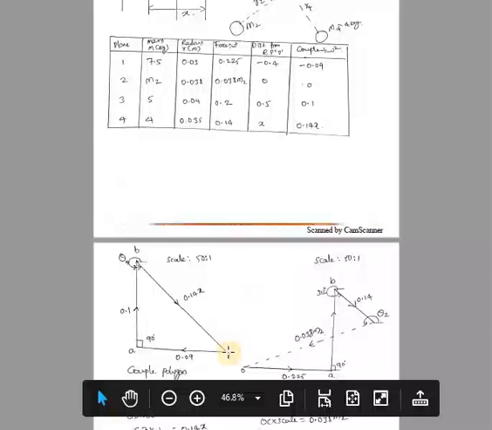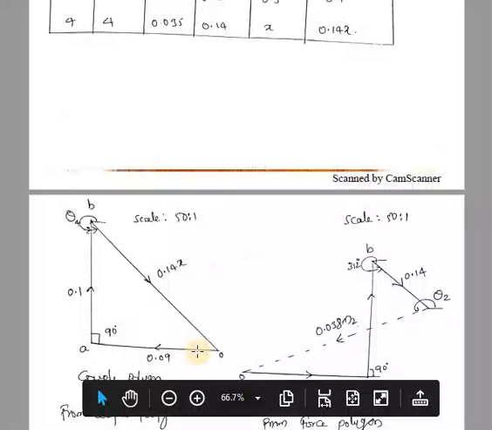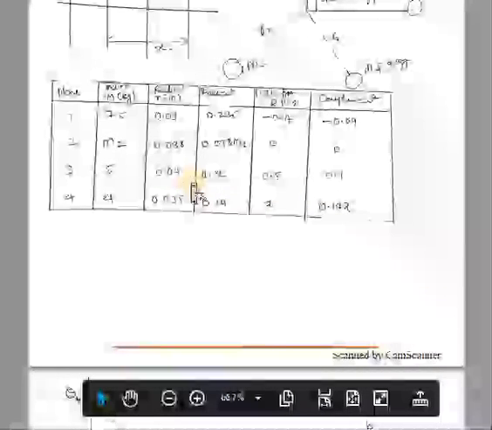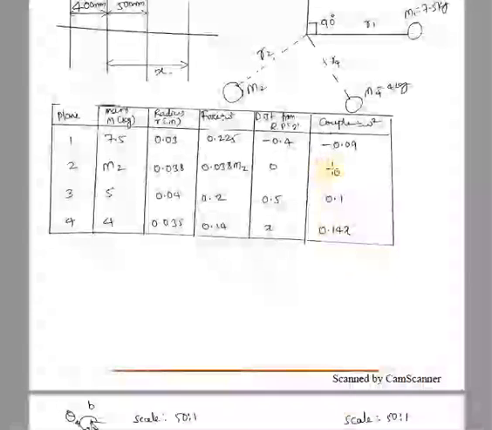So start from here: 0.09 should be the magnitude and the angle will be 0. In this direction you have to draw, and the scaling is 50:1. Then the second value is 0, skip that.